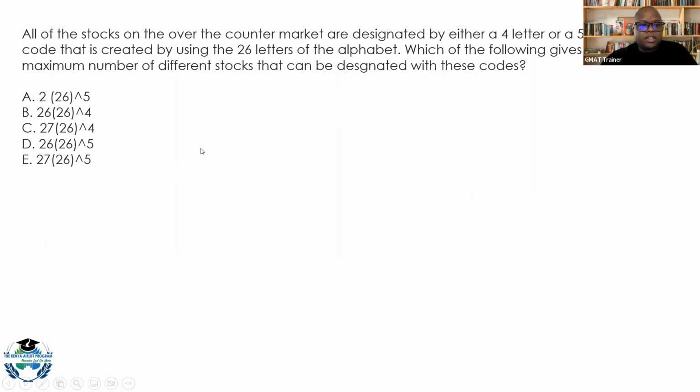All of the stocks on the over-the-counter market are designated by either a 4-letter or a 5-letter code that is created by using 26 letters of the alphabet. Which of the following gives the maximum number of different stocks that can be designated with these codes? You can pause the video, jump to this question, then come back and see how to respond to it.